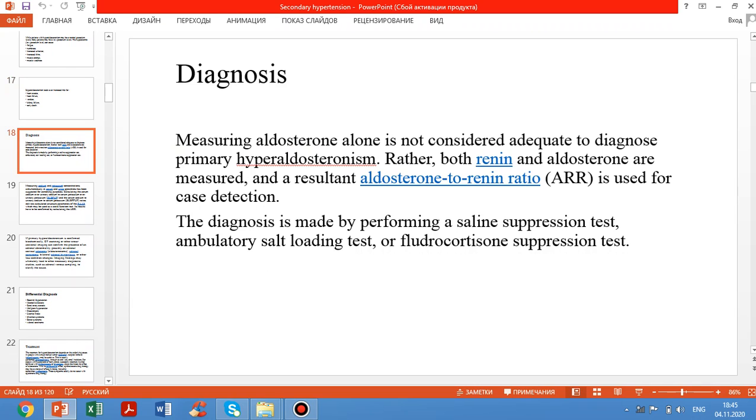Rather, both renin and aldosterone are measured and the resulting aldosterone to renin ratio is used for case detection. The diagnosis is made by performing a saline suppression test, ambulatory salt loading test, or fludrocortisone suppression test.